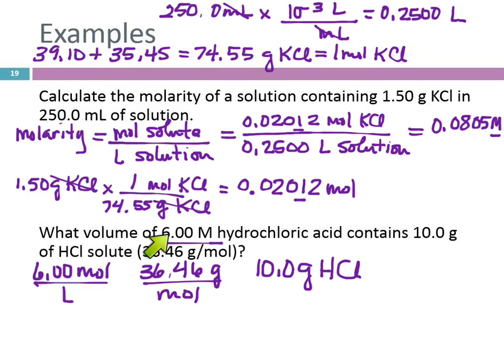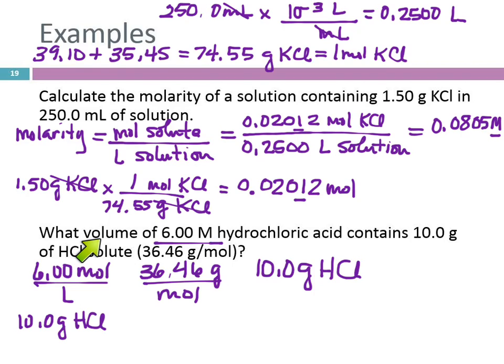So we have a solution that has 6 moles of HCl for every liter of solution. This is the molar mass, and this is the volume, the mass of solute that we want to find. So this is the number that we're going to start with. We're going to start with 10 grams of HCl, and we want to find what? The volume of solution.